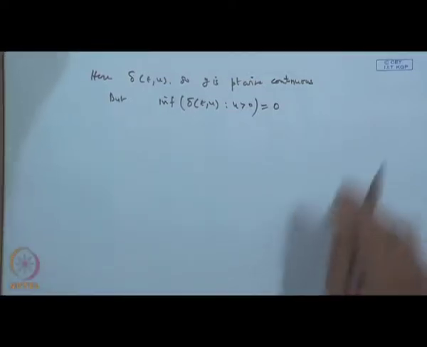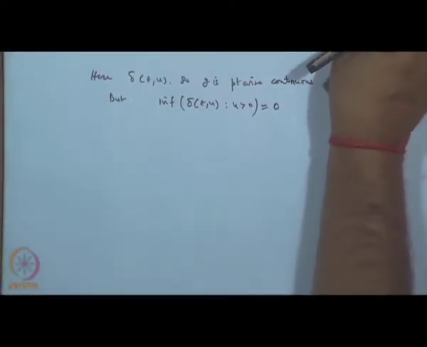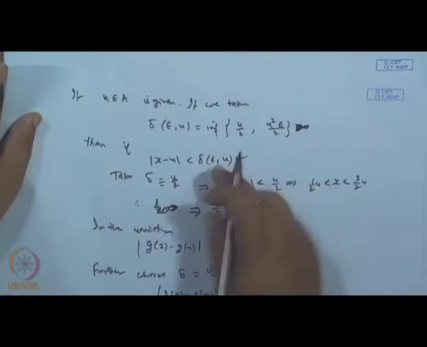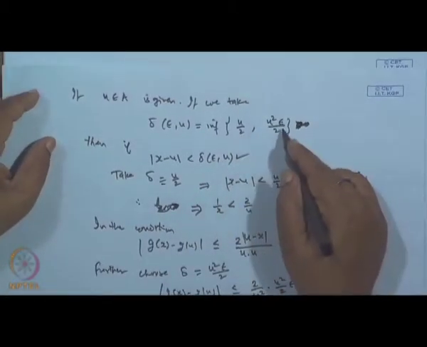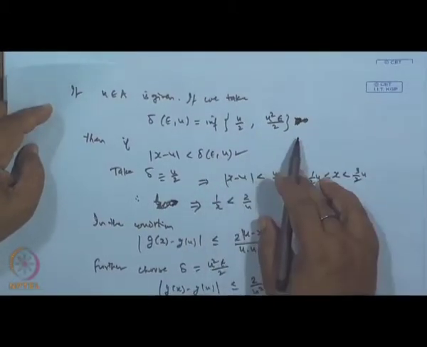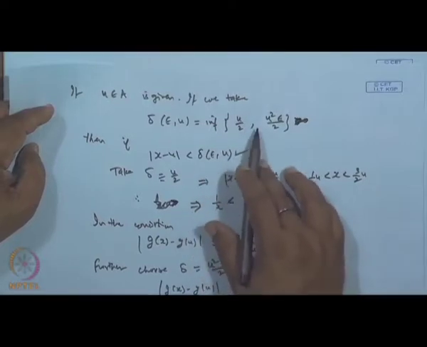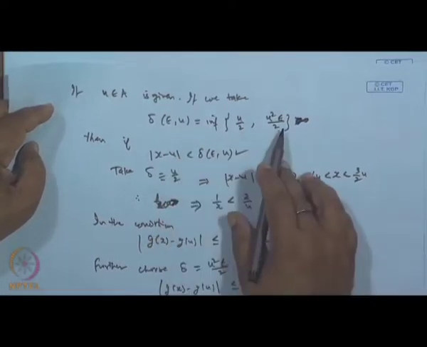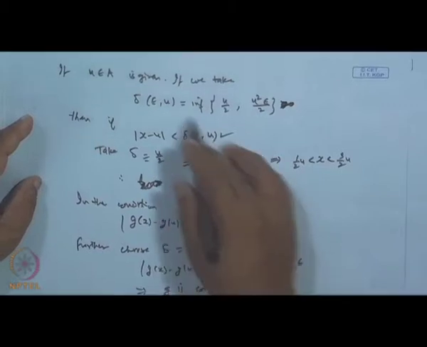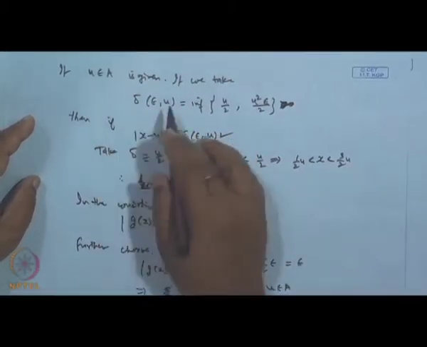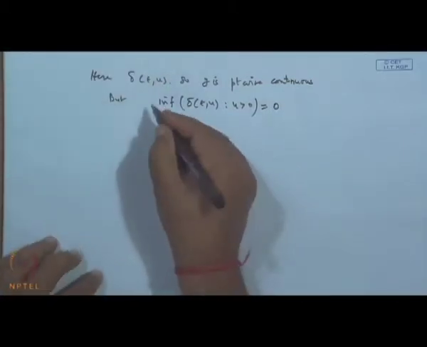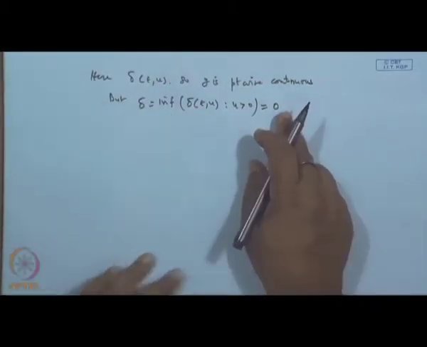Why? Because each delta here is nothing but either u/2 or u squared epsilon by 2. Since u is greater than 0, each delta is greater than 0, but when you take the infimum value of this delta over u, this infimum will come out to be 0. So, we are not getting a delta which is greater than 0.